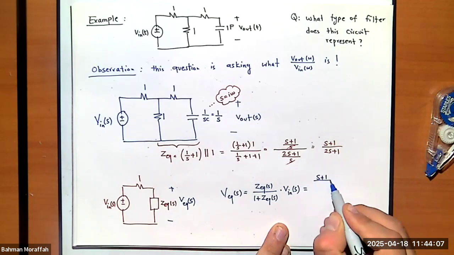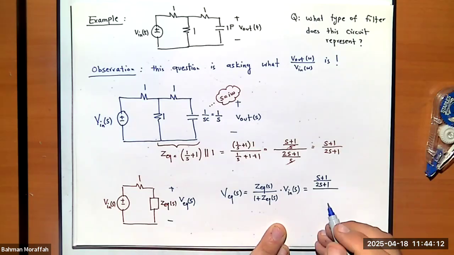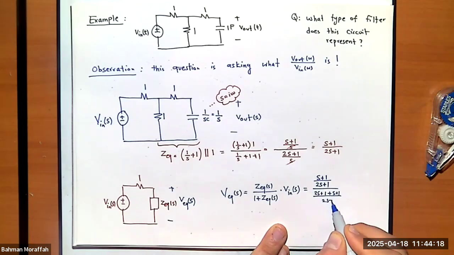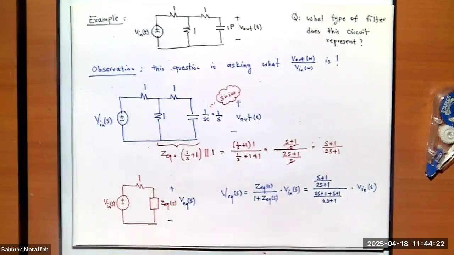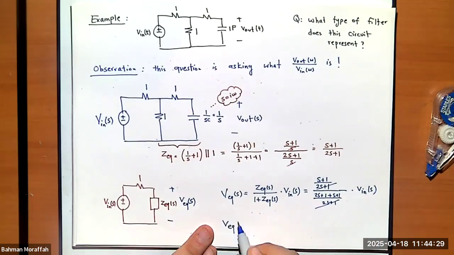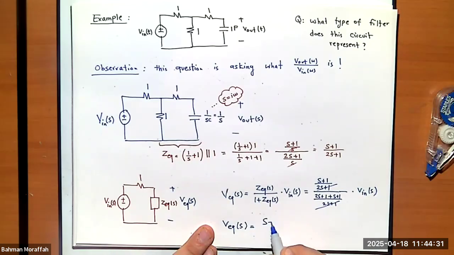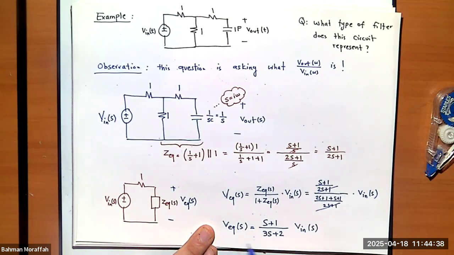I have S plus 1 divided by 2S, plus 1 divided by 2S plus 1, plus S plus 1 divided by 2S, times V in of S. Right? This and this cancel. V equivalent of S becomes S plus 1 divided by 3S plus 2 times V in of S.